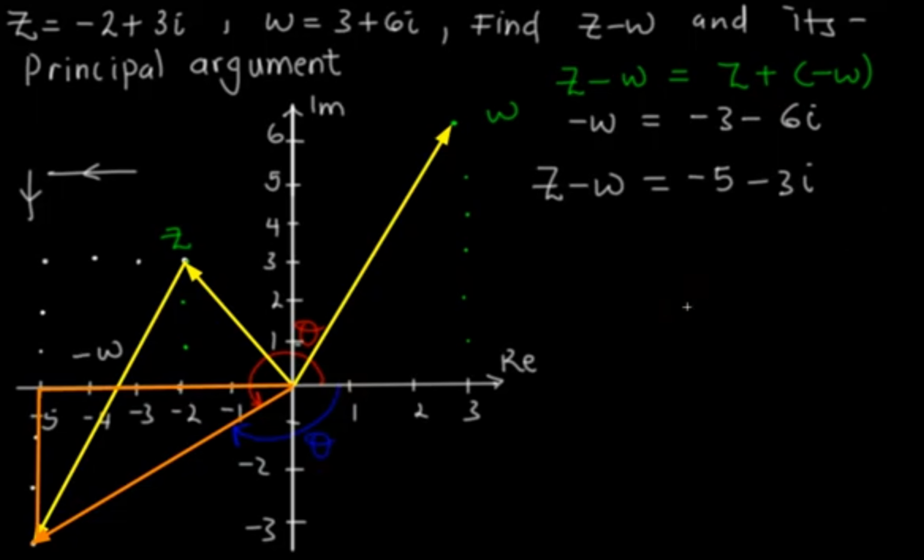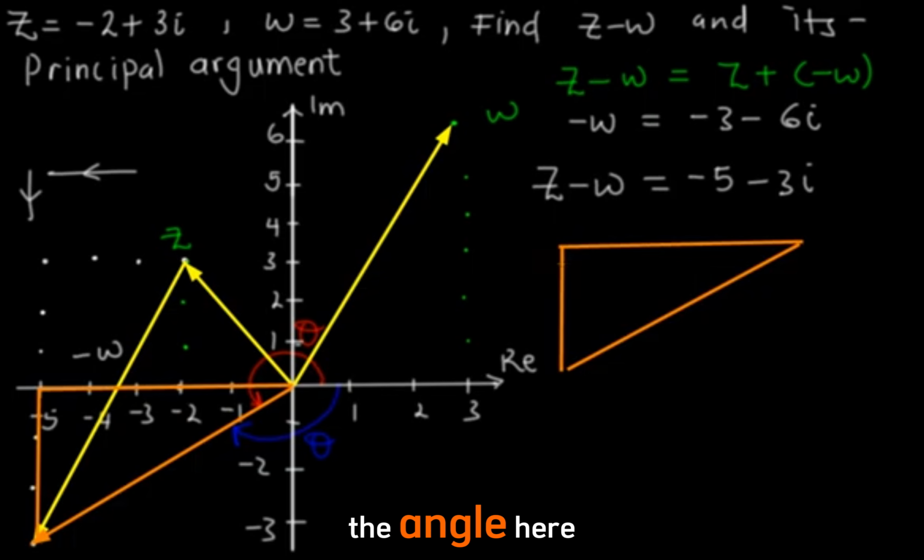So when we extract out our right angled triangle, the angle here is 90 degrees. So we are going to take alpha here. Okay, so this is 3 units, and now this is 5 units.